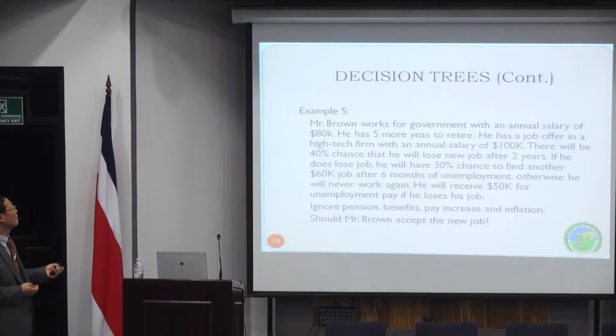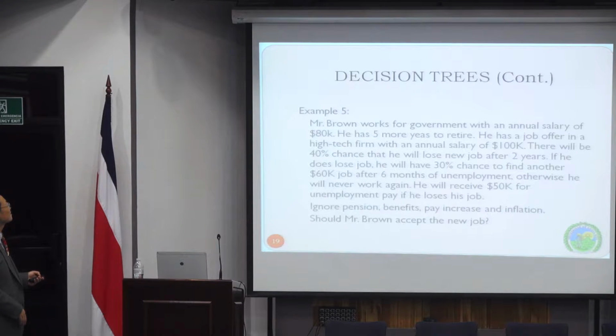For example, Mr. Brown works for the government with an annual salary of $80,000, and he has 5 years to retire. He got a job offer from a high-tech company for $100,000 a year, which is more. But there is a 40% chance he will lose his job after 2 years, because the company gave him a 2-year guarantee that he will have a job for at least 2 years.